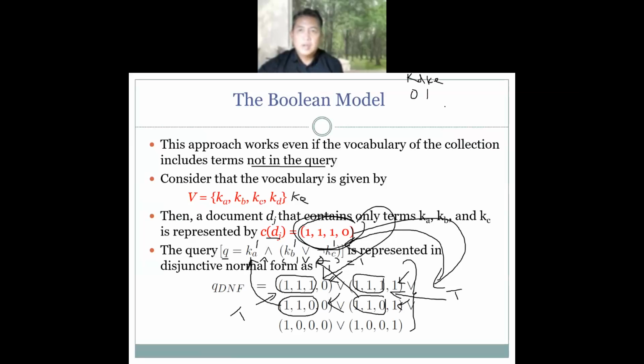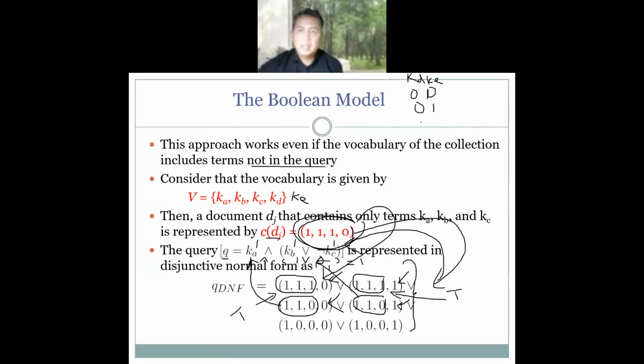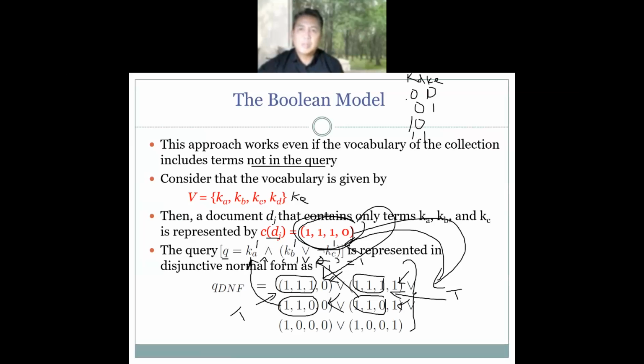You don't care about these two. So the possible values are 0 0, 0 1, 1 0, and 1 1. These are the possible values for KD and KE, but we don't care.